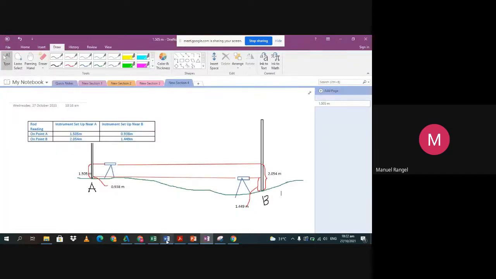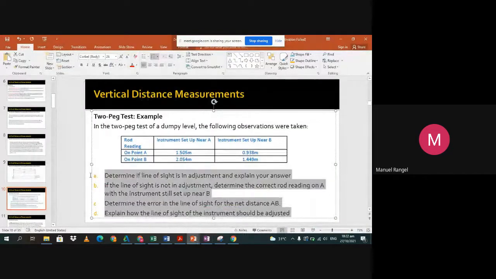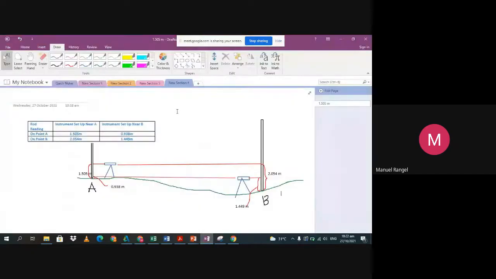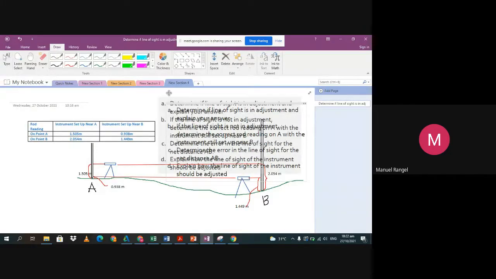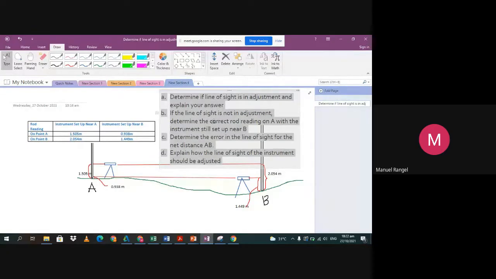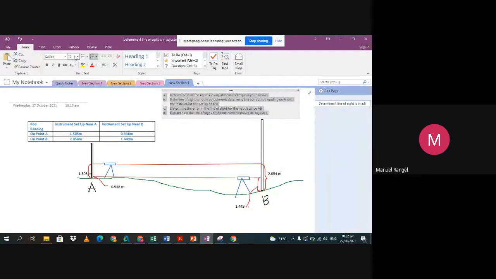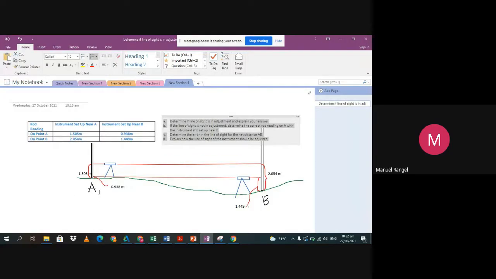Okay, for letter A, determine if the line of sight is in adjustment. Explain your answer.